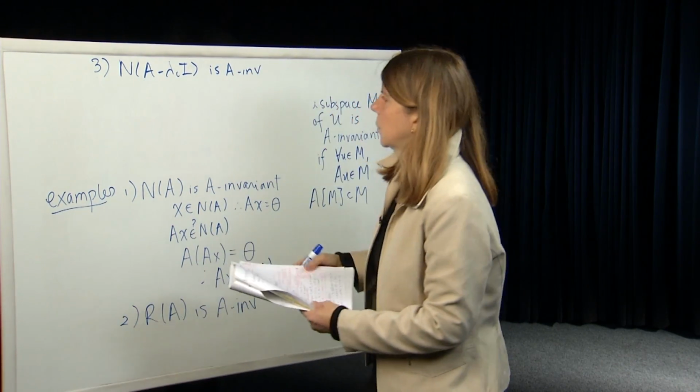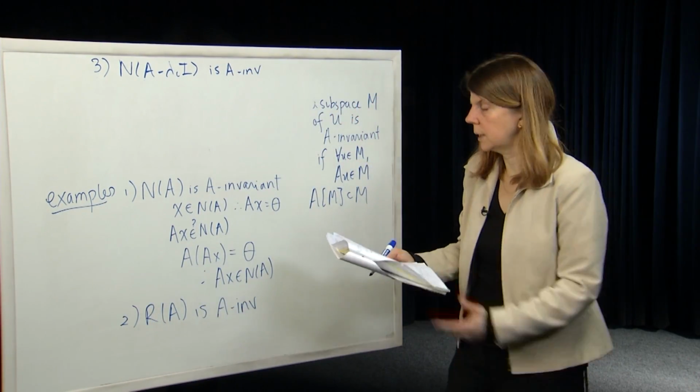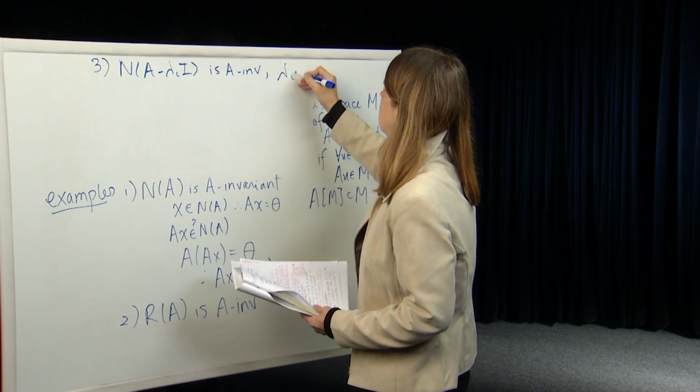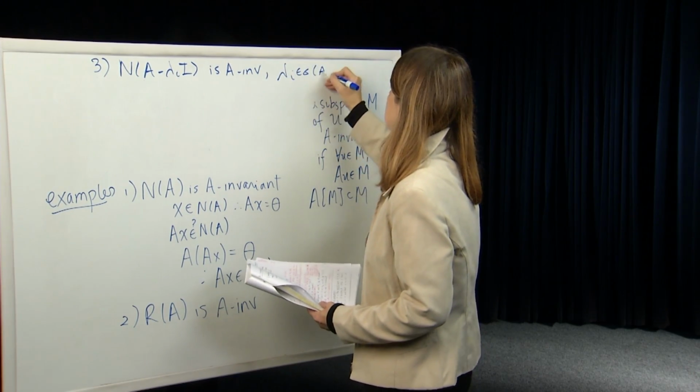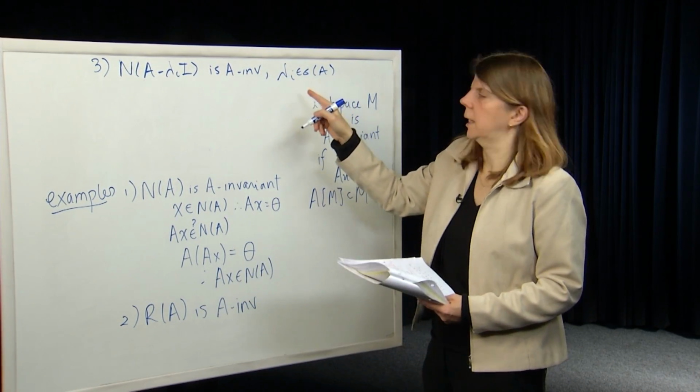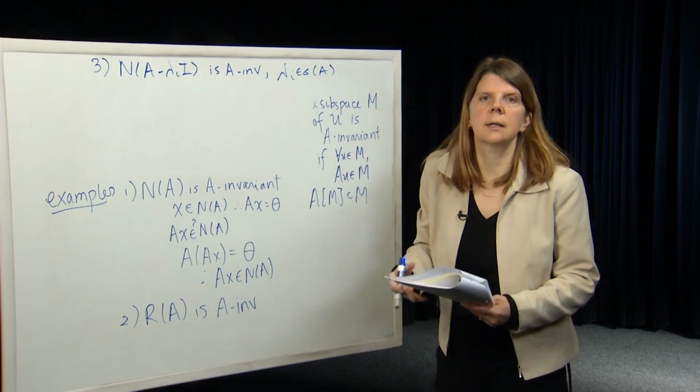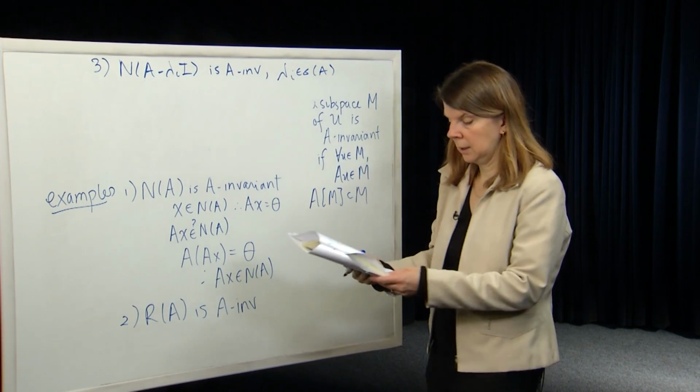That's a little bit more involved, but again, it's easy to show. Here lambda i is an eigenvalue of A, so it belongs to the spectrum of A, which is how we denote the set of eigenvalues of the matrix A.